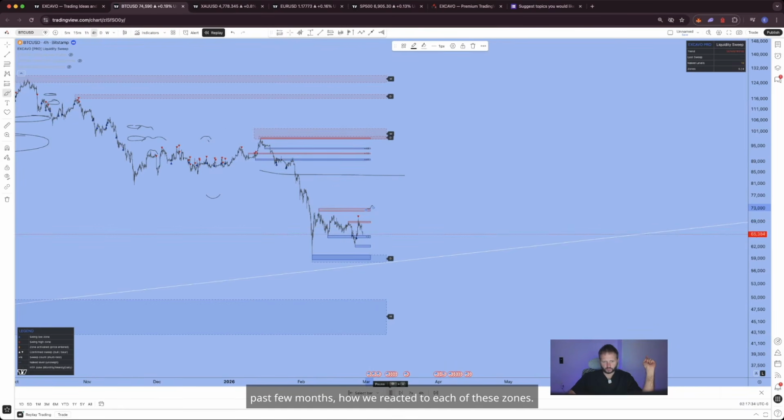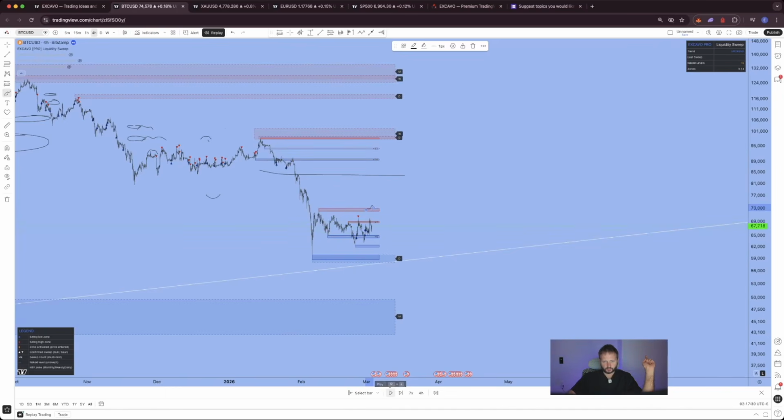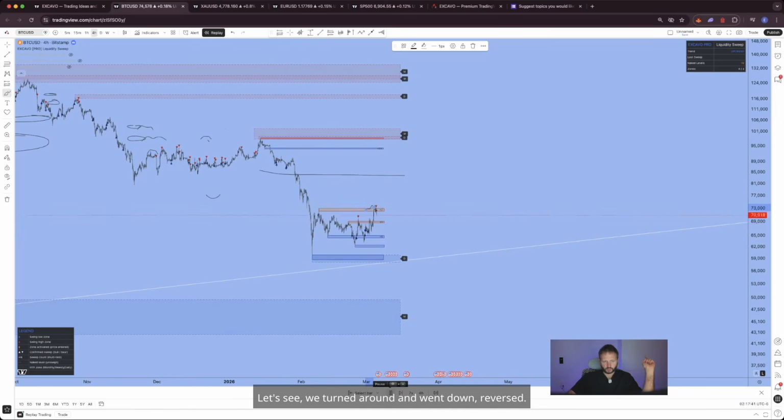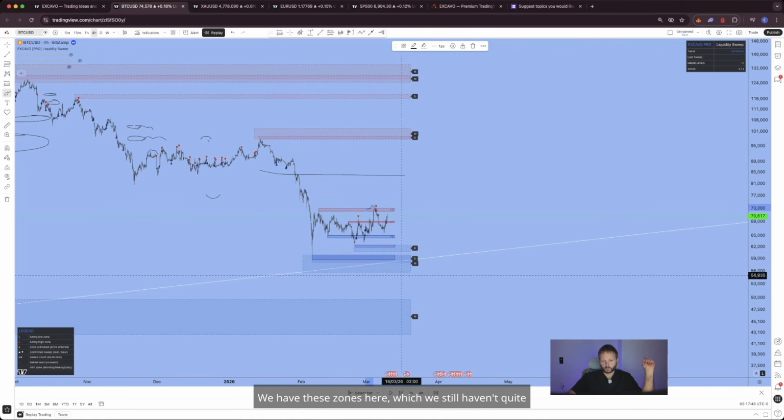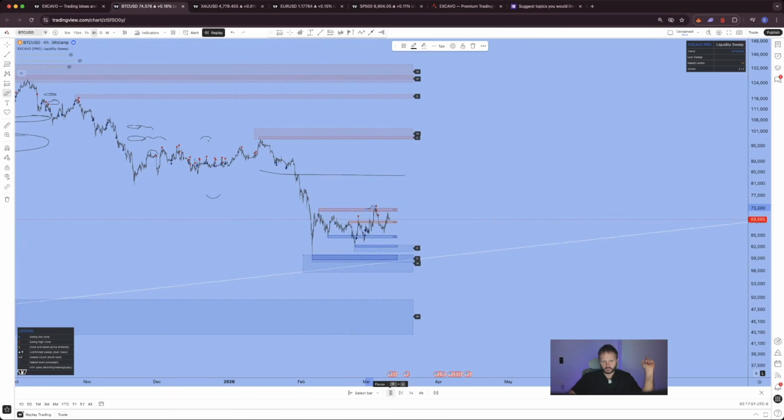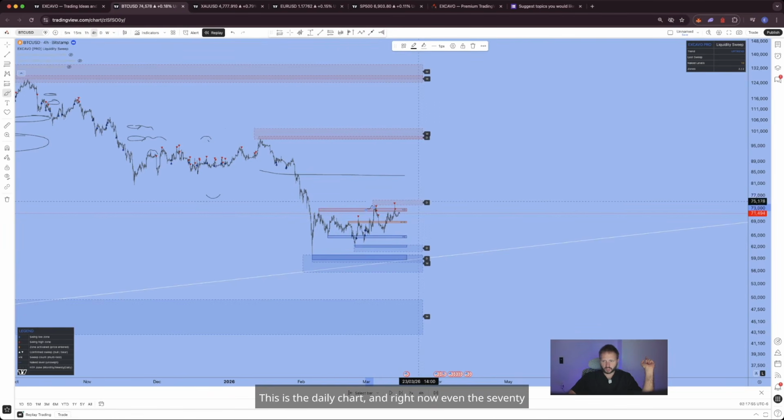These are the past few months, how we reacted to each of these zones. We turned around and went down, reversed. We have these zones here, which we still haven't quite reached yet, it seems. We turned around. This is the daily chart, and right now, even the 75 level, most likely, we will sweep it too. We turned around there, reversed at least, and then moved on.